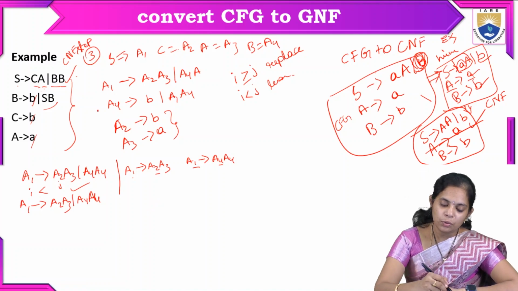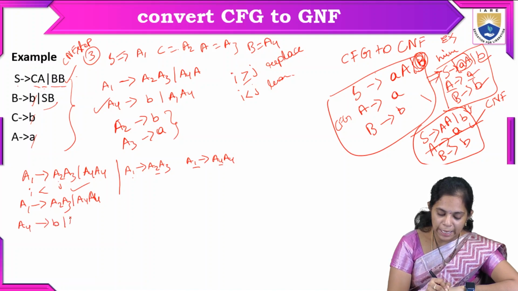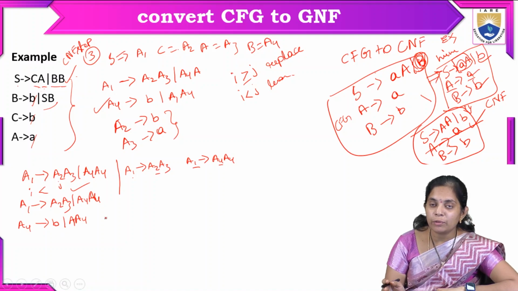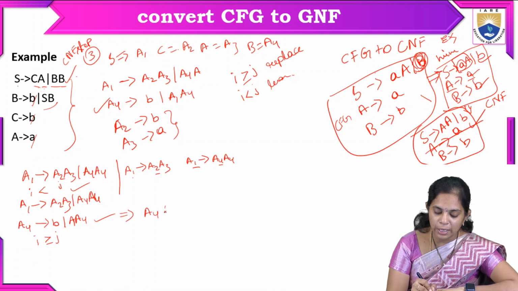And next we need to go for the second production rule, that is A4. So A4 tends to A1, A4. So here I greater than j is there. So what we have to do? We need to replace it with A4, and A4 tends to B. So here A1 is there.